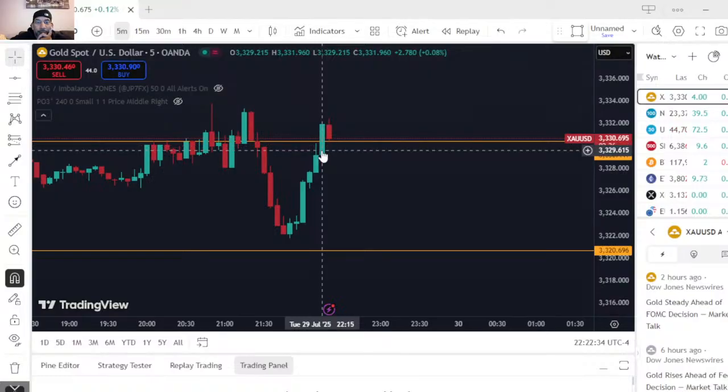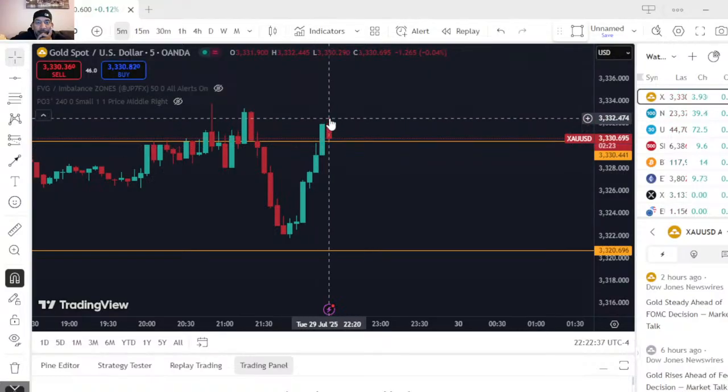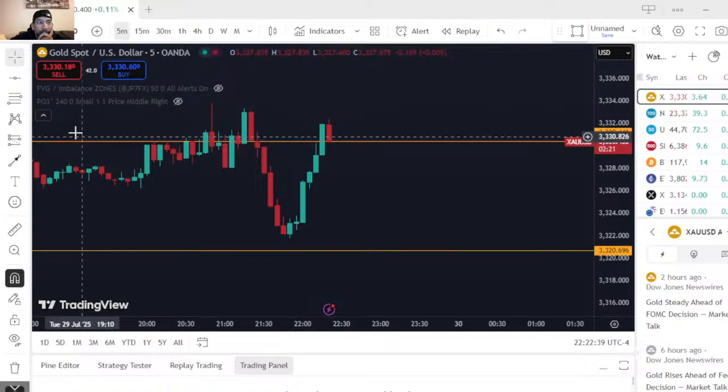No top wick, no bottom wick on this previous 5. Made a top wick here on this candle. Now it's starting to come down.